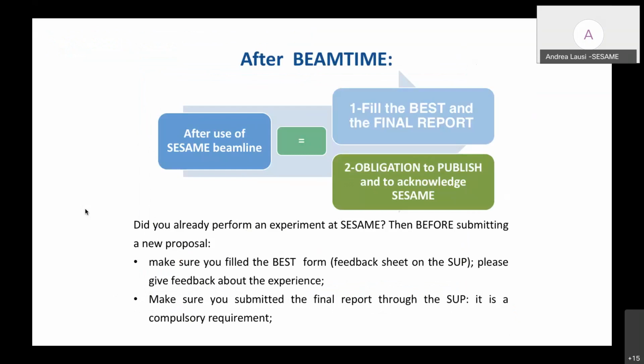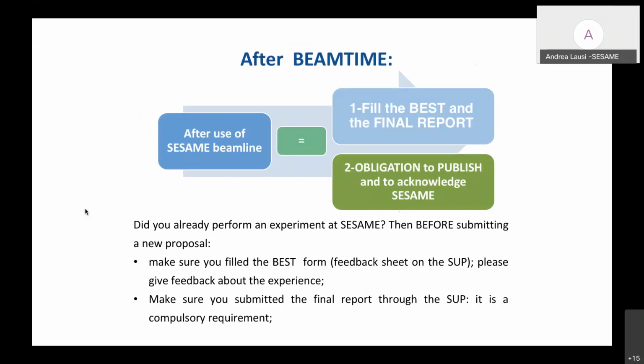After that, you will still be asked to do mainly 2 things: publish your results in due time, obviously, and with a much shorter deadline, fill the final report.